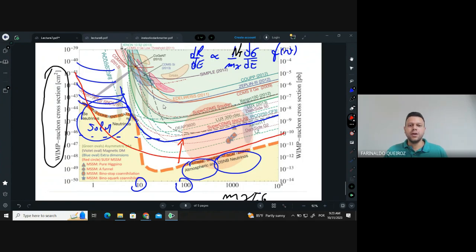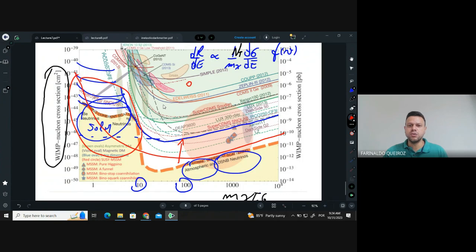And then, how did you arrive at a limit like this one? Because this one, you are deep inside the neutrino floor. In order to do this, you have to know really well the background.